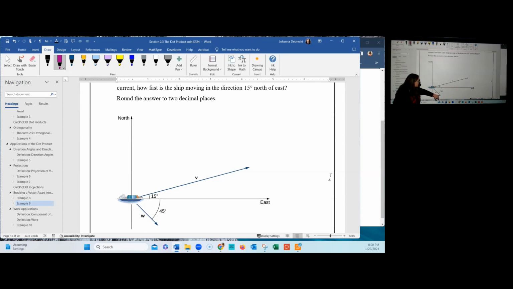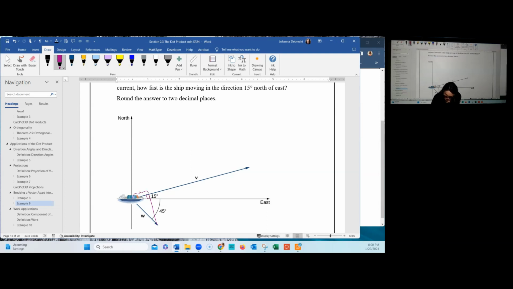So there has to be a projection of this vector onto vector V. So the projection of W onto V, that component of it, is helping to push the vessel along vector V. So what I have in my picture then is a projection, which I'm going to draw right here at a 90-degree angle, which is this vector right here.